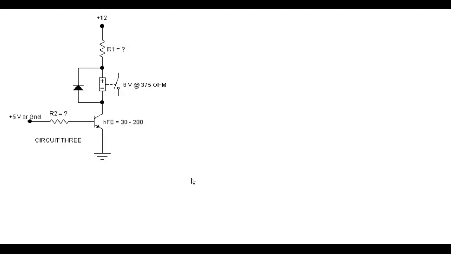So 16 milliamps divided into 30, the beta over here, and came up with about 530 microamps. When we talk about microamps, it's not going to make any difference.